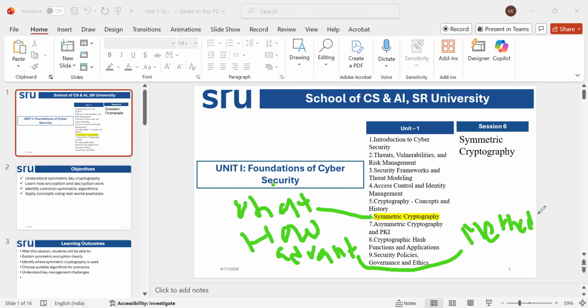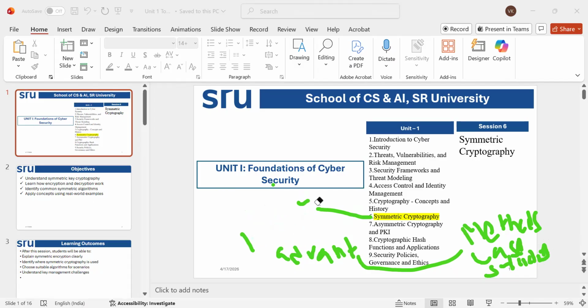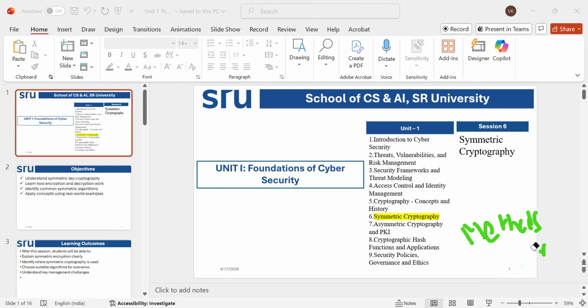Later we will also study case studies. These kinds of things we will study, and then we will summarize it. As you know, this is a series of introduction and foundation of cyber security understanding.